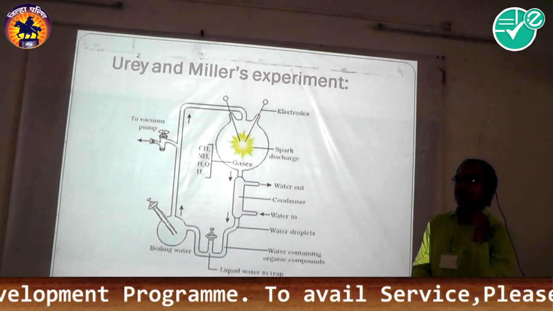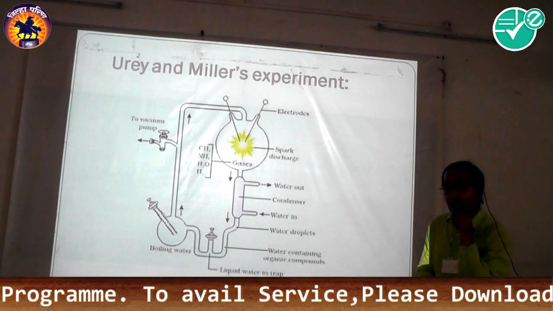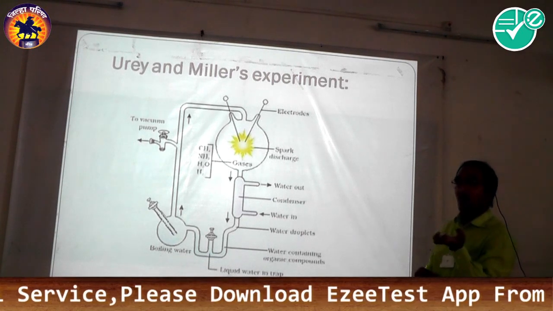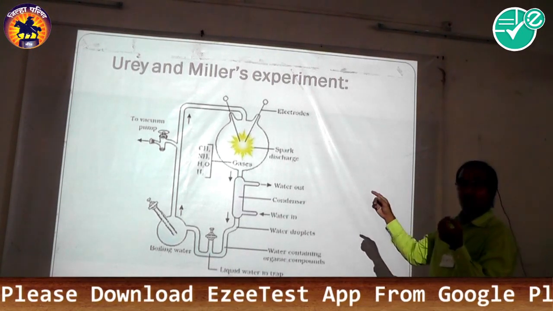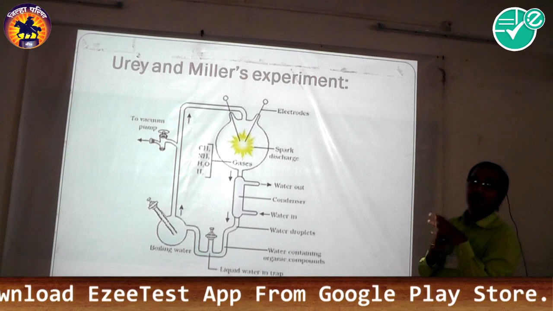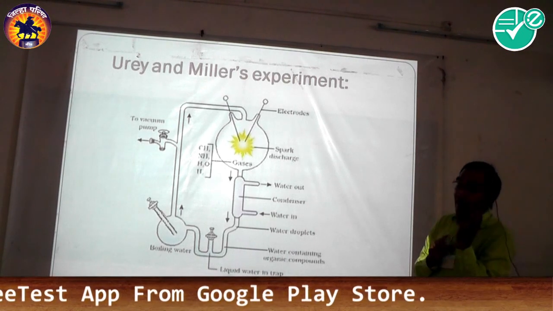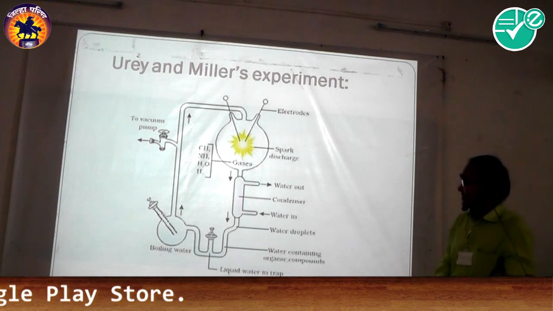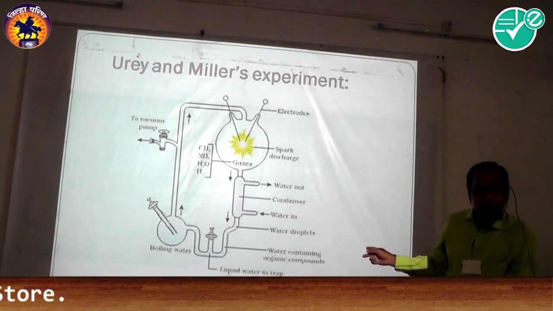How are the amino acids formed? Amino acids are formed by the combination of all these gases reacting with each other, and we know that from amino acids there is a formation of protein. That means from simple substances there is a formation of complex substances.